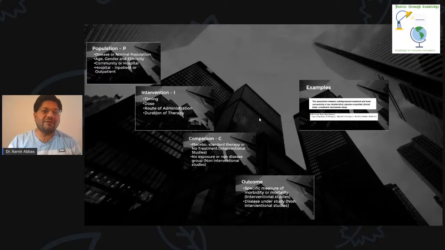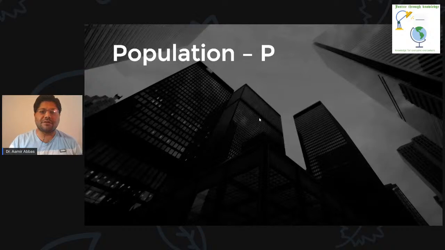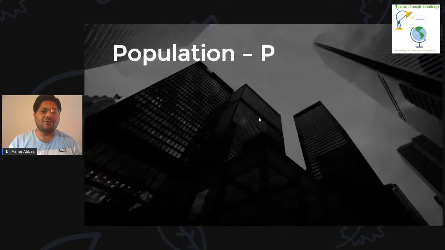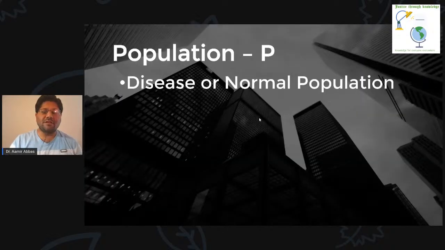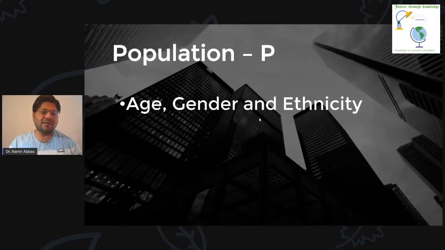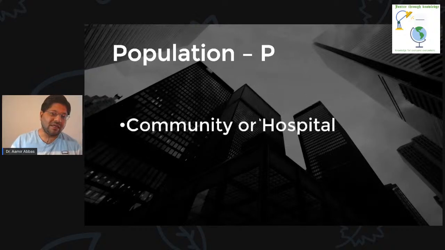So whenever we're talking about a research question, these components, that is population, intervention, comparison group, and outcome, should be explicitly stated. And when we're talking about the population, in the stem of the research question, you need to be explicitly clear about whether you're talking about a normal population or the disease population, right? You need to be explicit about the age, gender, ethnicity of the group on which you are doing the study.